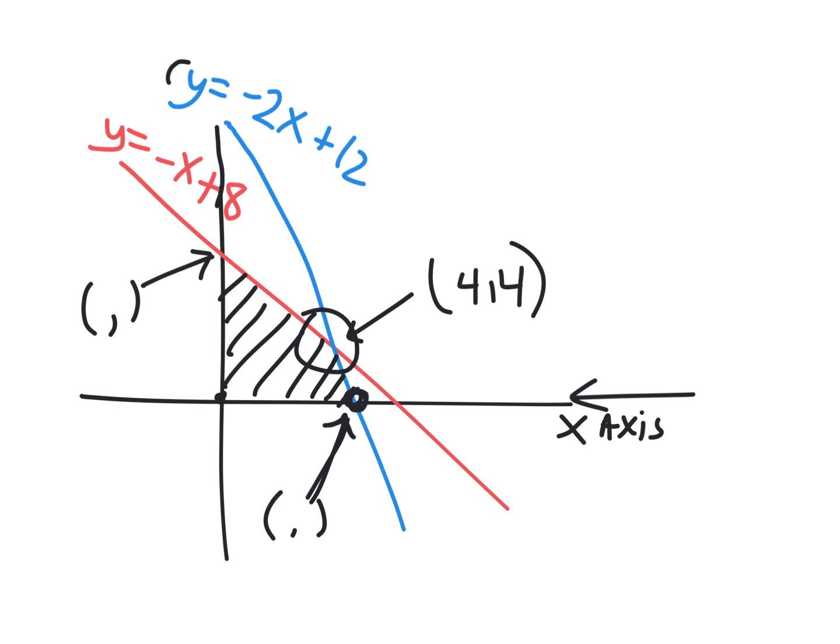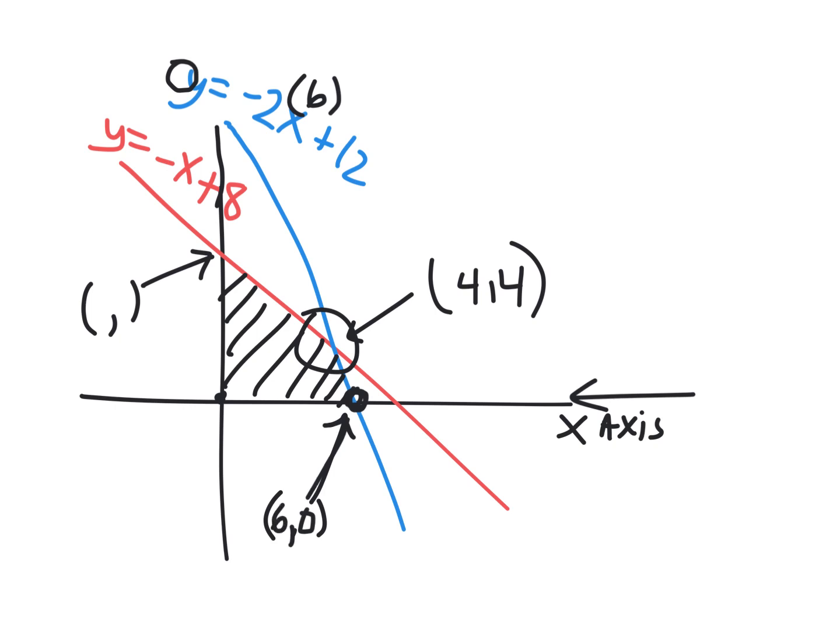So you'd set this equal to 0, and you'd figure it out. And then I can tell that x would have to be 6. Raise your hand if you figured out that that was 6. Awesome. So on the x-axis, y is 0, and the x would be 6. So that spot is 6, 0.